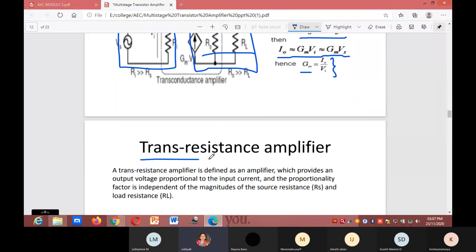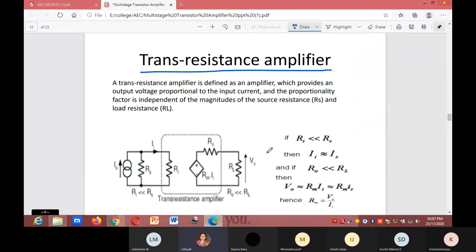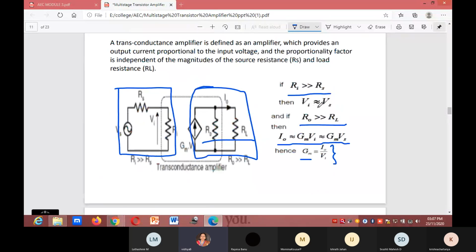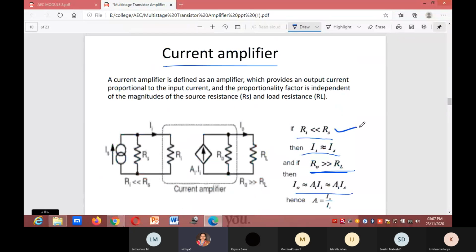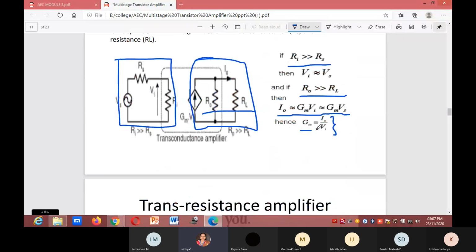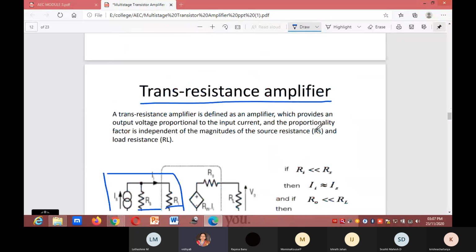Next, transresistance. Here the input is current and the output is voltage. The input side is current, which means these two resistors are in parallel. The case we should consider is Ri less than Rs, because, as in the current amplifier, the input side is current.